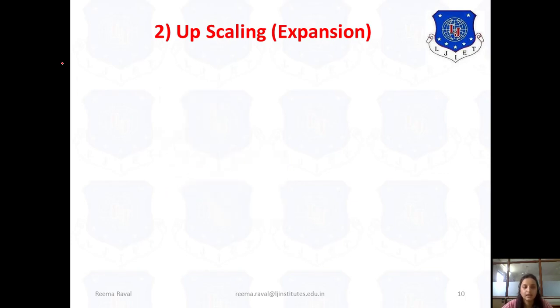Let's say x of n equals 1, 2, 3 and 4 having the initial value over here, right? And I want to get x of n by 2.